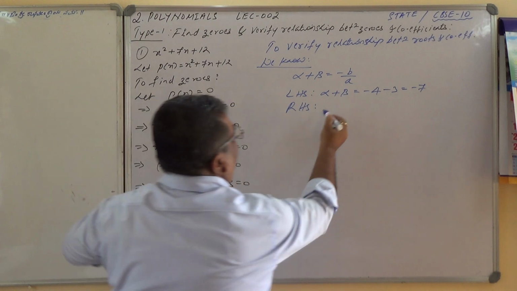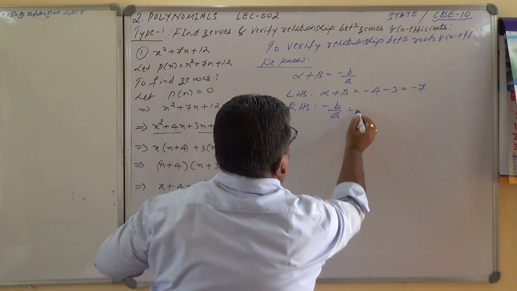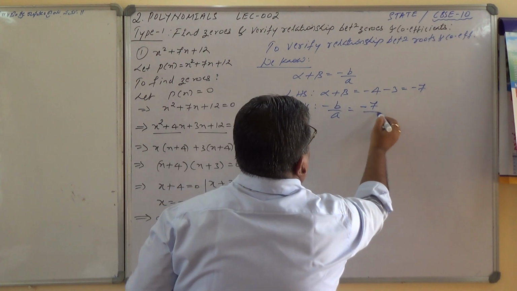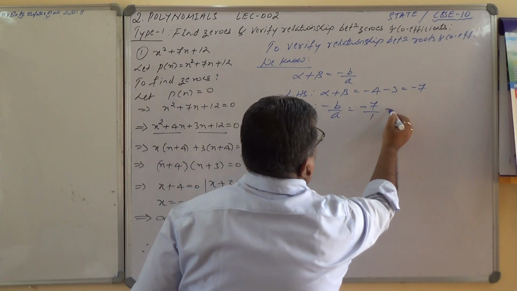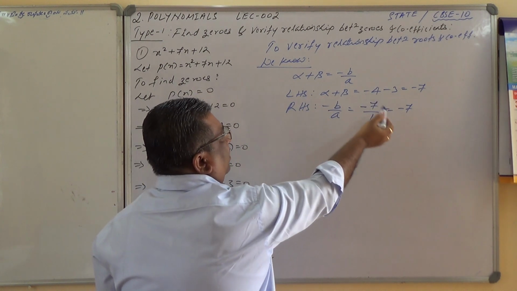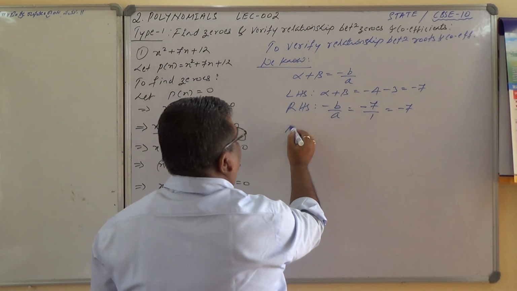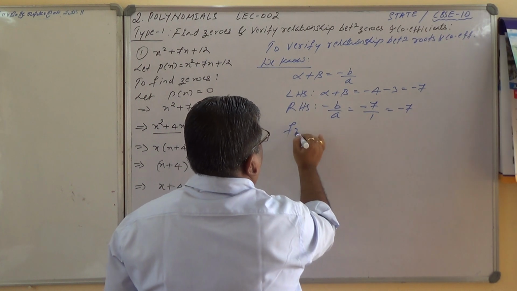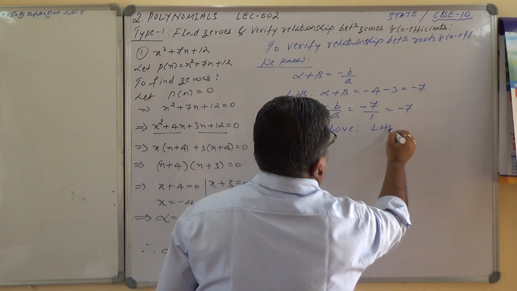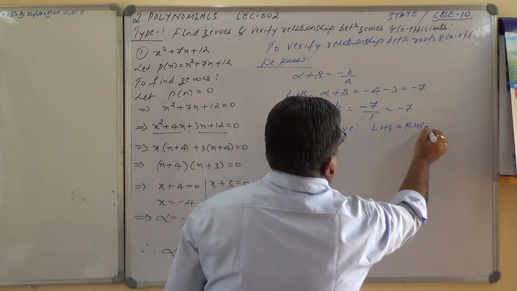Minus b by a is equal to minus b is 7 divided by a is 1, which equals minus 7. So LHS is equal to RHS over here, isn't it? From above, LHS is equal to RHS.